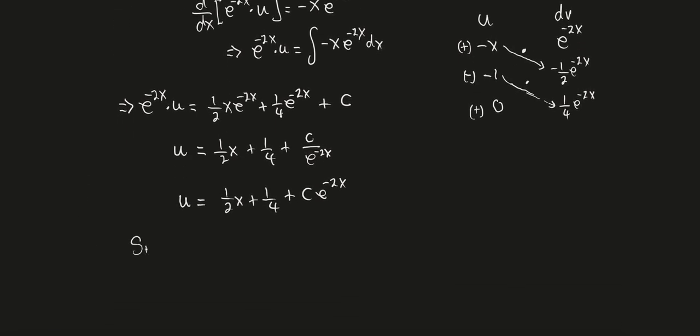So since y is equal to u to the negative third, here now is our general solution. I'll write it with the y of x emphasis. So y of x is 1/2 x plus 1/4 plus c e to the 2x, raised to the negative third power. There we go. So this is our general solution.